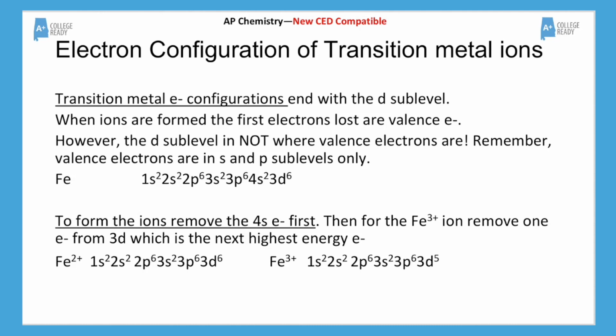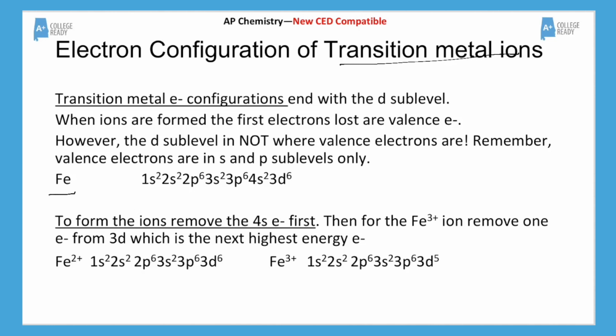Okay, this might be new from pre-AP chemistry. This slide is only about transition metals, so that would be our d block elements. Here is iron's electron configuration, and when you study PES, you'll possibly see this example.